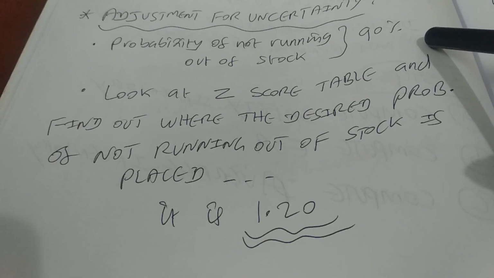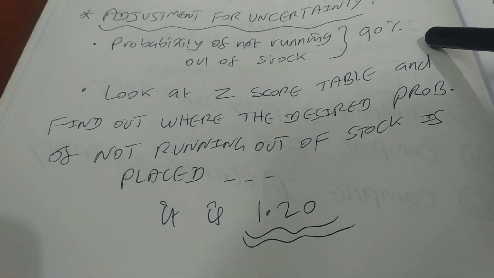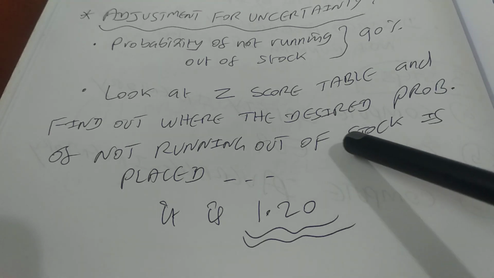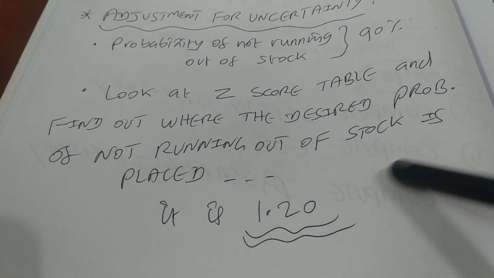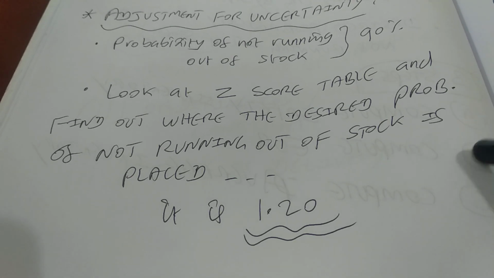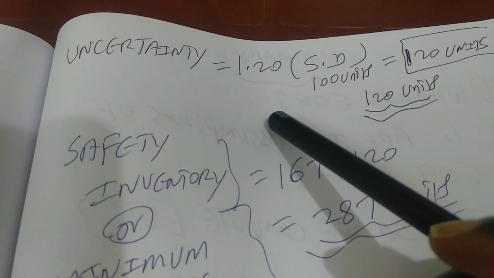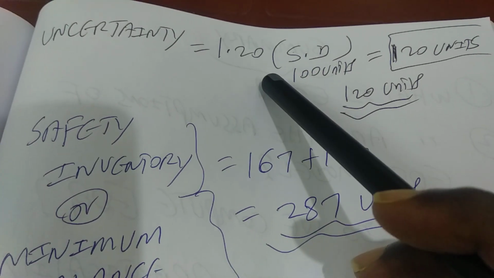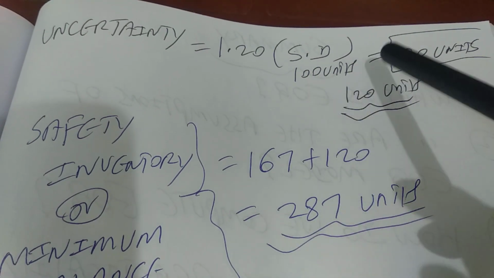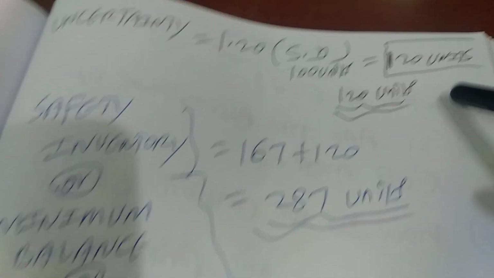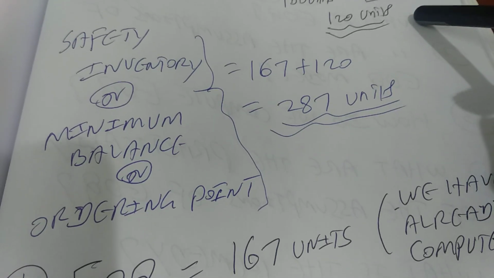So we just look at the Z-score table and find out where the desired probability is placed. If you go through the Z-score table, you will find that it gives you a Z-score of 1.20. Then the adjustment for uncertainty is the Z-score, 1.20, into the standard deviation of monthly sales, 100 units. That gives you an uncertainty value of 120 units.